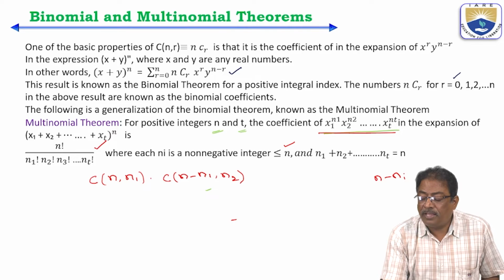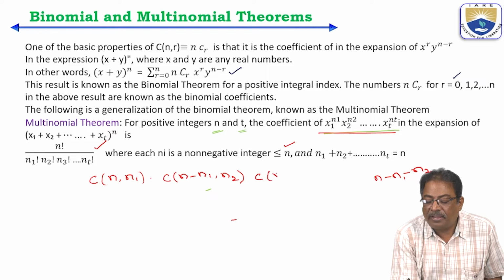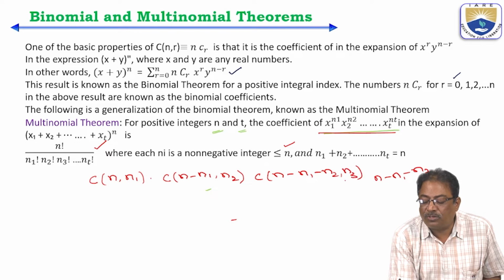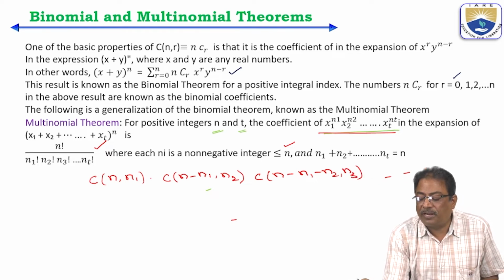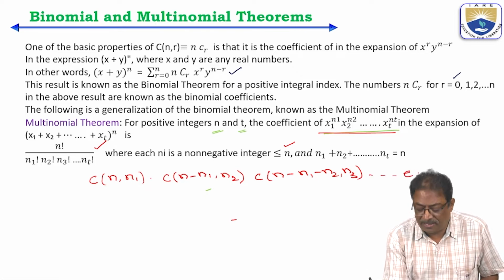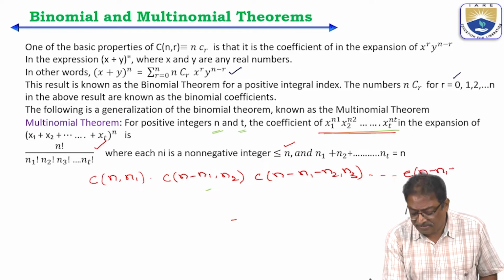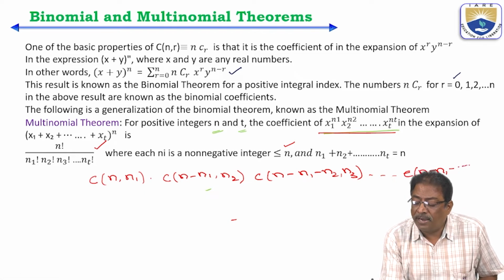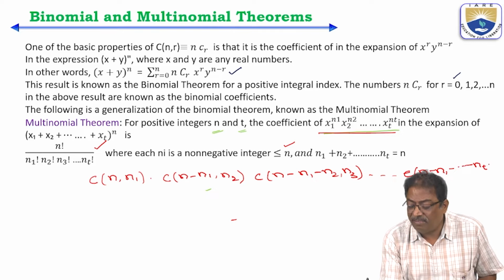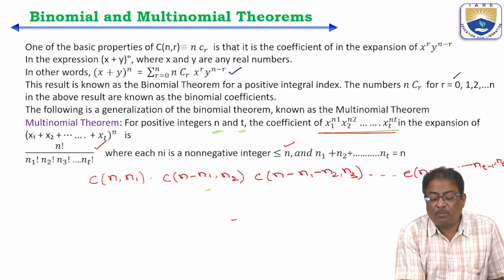Then the remaining are n minus n1 minus n2, so we get C(n minus n1 minus n2, n3), selecting n3 from these. Like this it continues until the last task, where we take the remaining n minus n1 minus n2 and so on, and select nt.